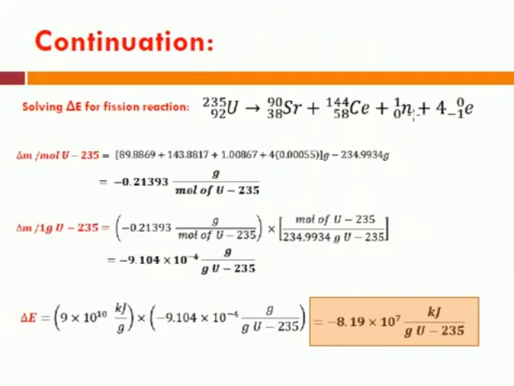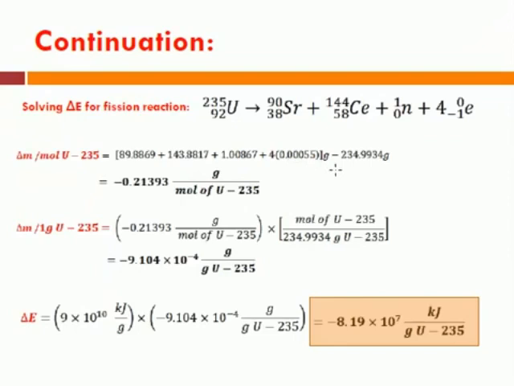Then, for neutron, we have 1.00867. And for electron, we have 4 beta particles here, so 4 times 0.00055.